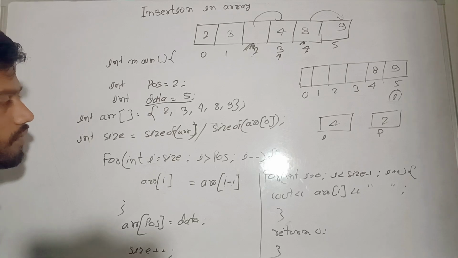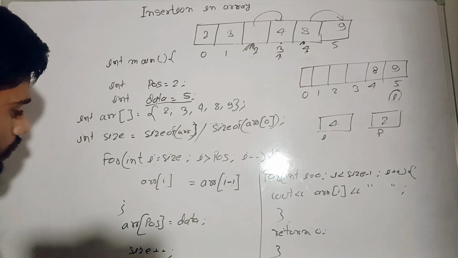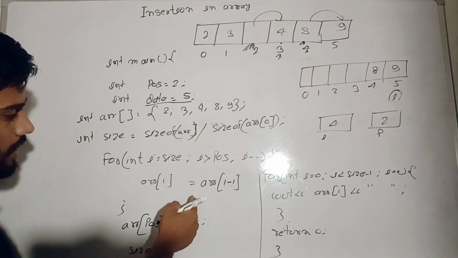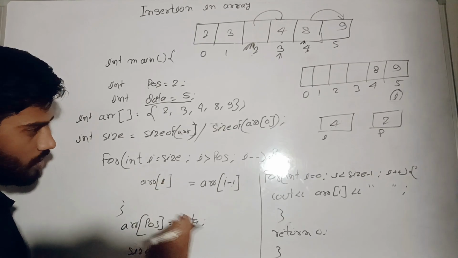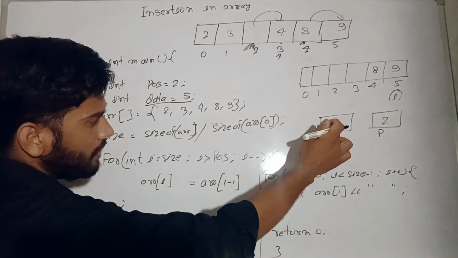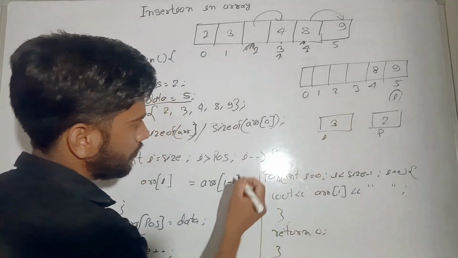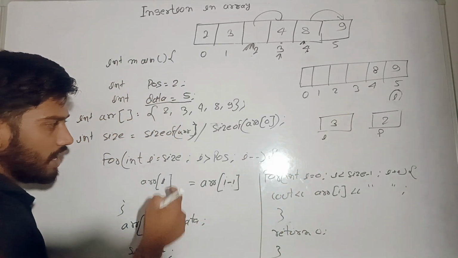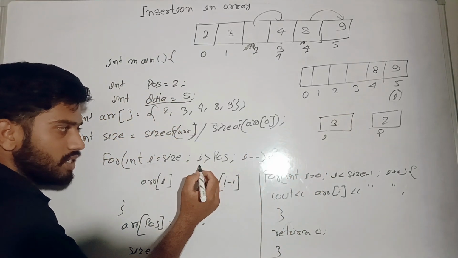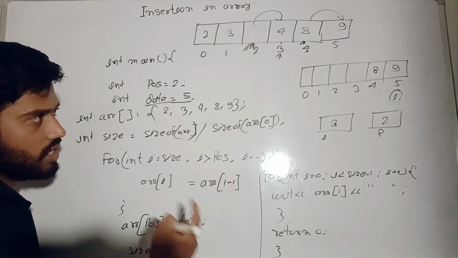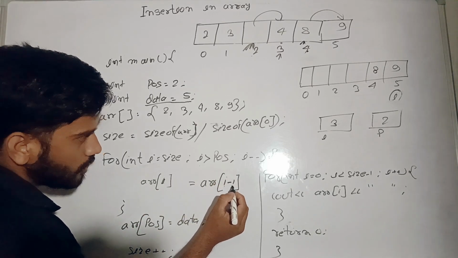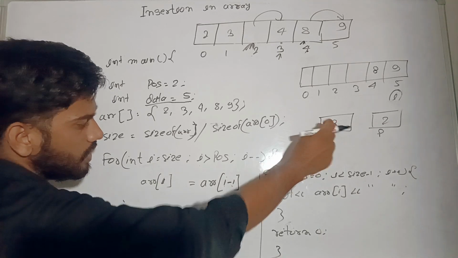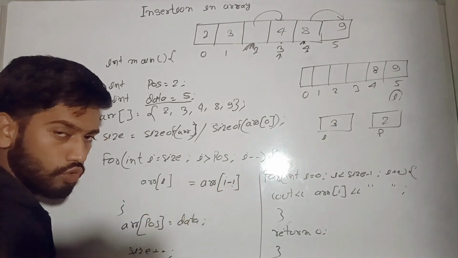Now I will be decremented and it becomes 3. And again the control will check: 3 is greater than 2. Yes, 3 is greater than 2. Then 3 minus 1, 2.